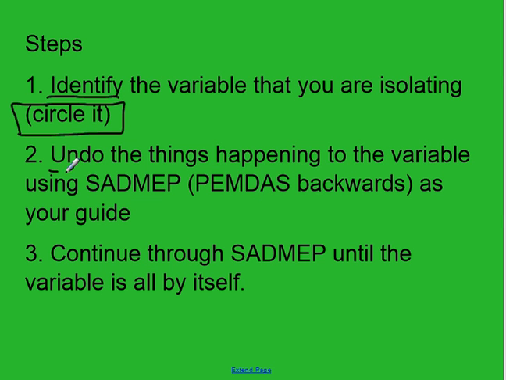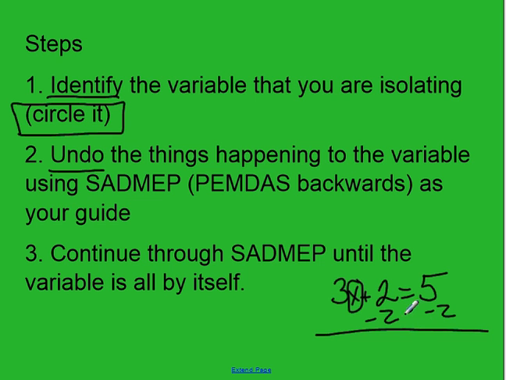Then you are going to undo the things that happen to the variable using SADMAP. If this sounds familiar, it should. It's the exact same thing we do if we have, for example, a two-step equation, where I find my variable, I'm isolating my variable, and then I undo the things that are happening to it using that upside down T until I get my variable completely alone.